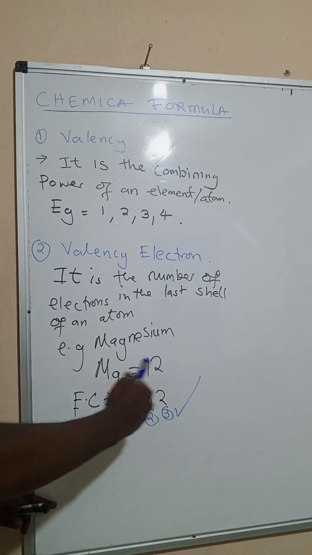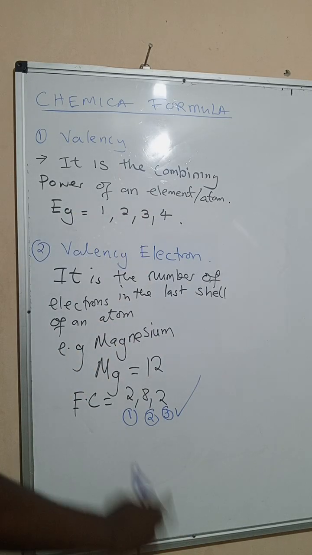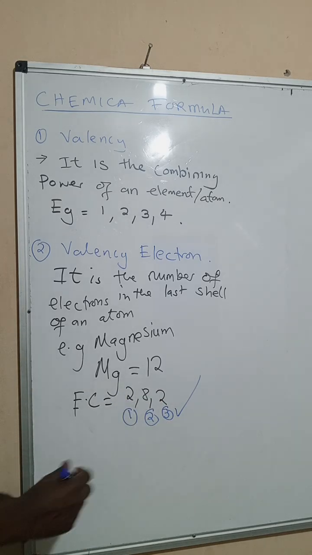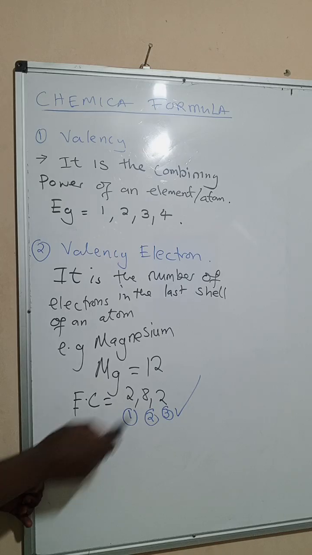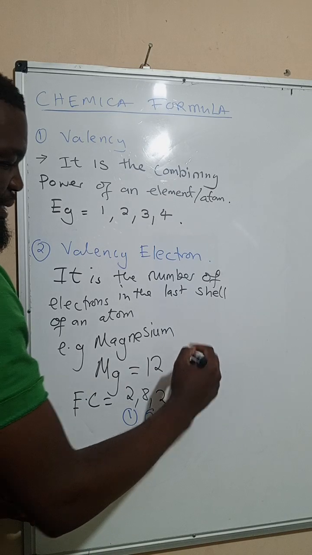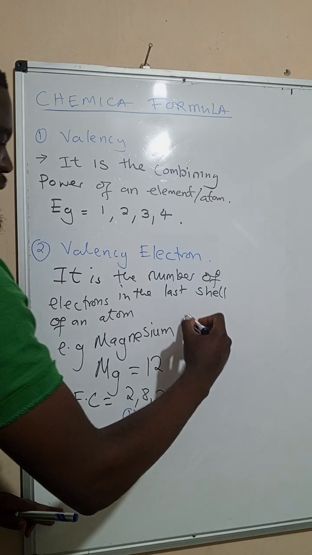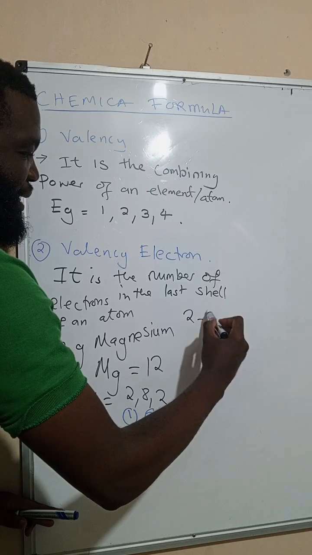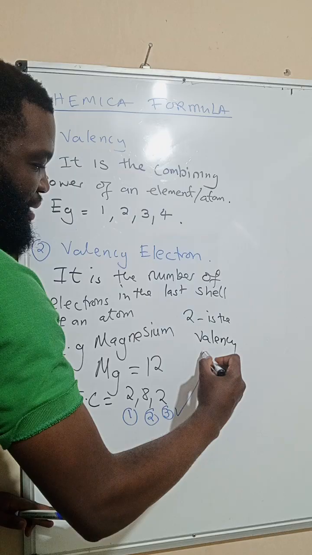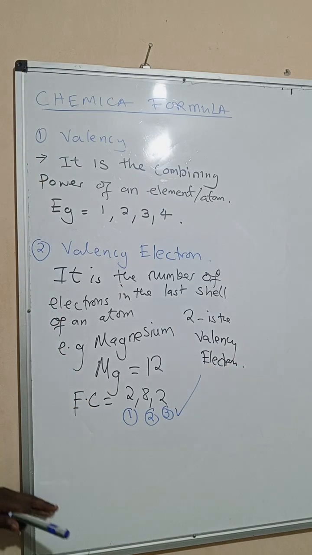When you write your electronic configuration, the number in the last shell is the valency electron. So 2 is the valency electron here.